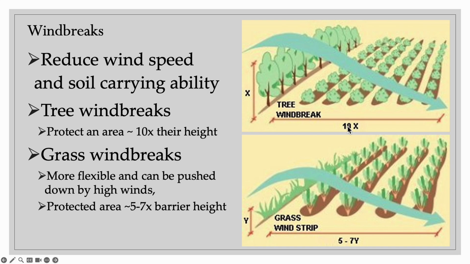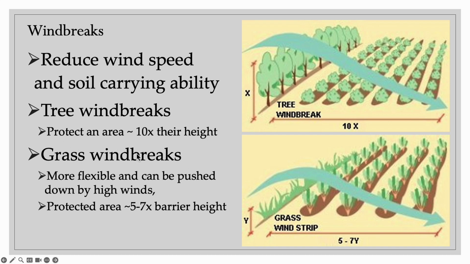So if we had trees that were 100 feet tall, how much area would we be able to have protected from that wind? 100 feet tall, and we get a 10x coverage area for this crop. Well, 100 times 10 is 1,000. So if we have 100 foot tall trees, we can plant crops up to about 1,000 feet away, and those trees are going to push that wind up before it comes back down 1,000 feet away.